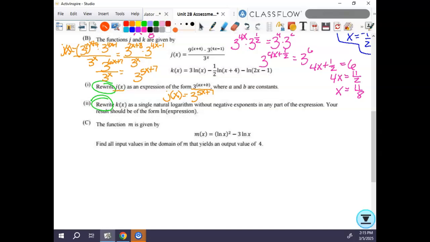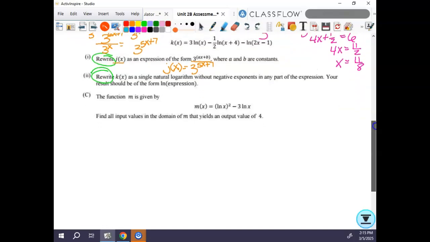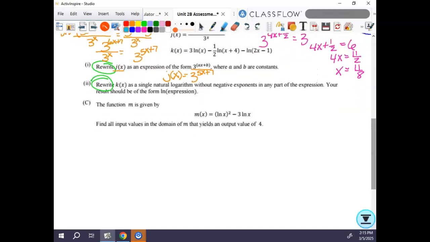Now, we're going to rewrite k of x. So for k of x, if you have multiple logs that you're going to combine into one, I think it's a good idea when you do the combining to put it all in one step. But you can't do that until you have log, log, log. Like I have a 3 in front of here. So this 3 is going to have to become an exponent.